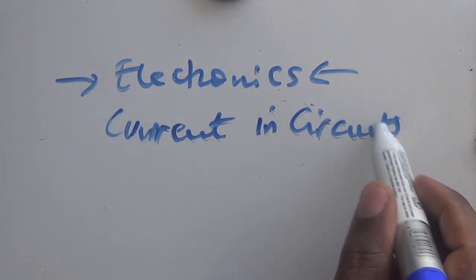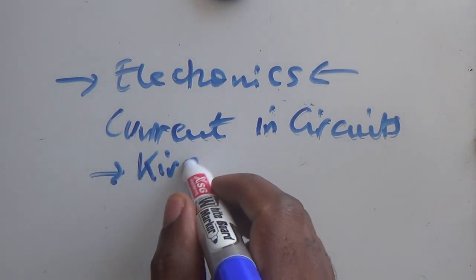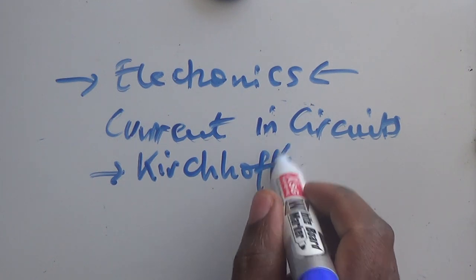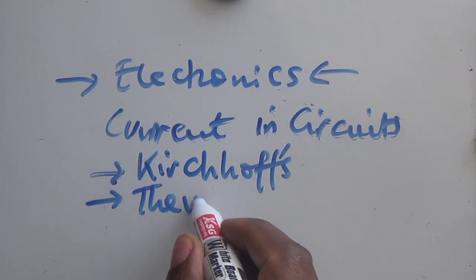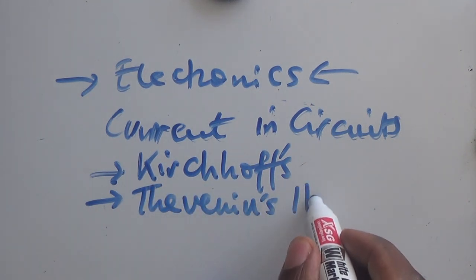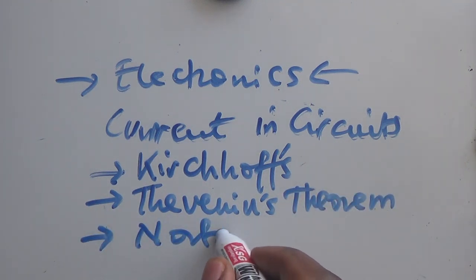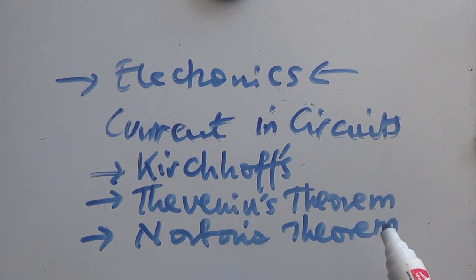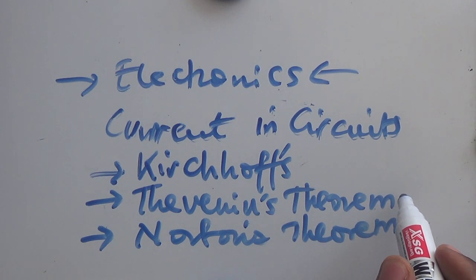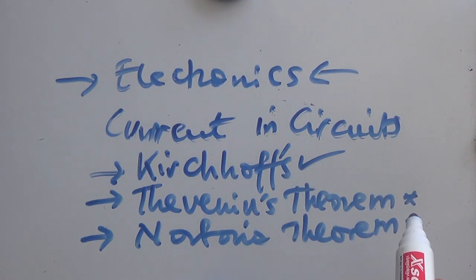and there are a couple of methods used, for example, using Kirchhoff's laws, using Thevenin's theorem, and Norton's theorem. So I will concentrate on these two because this one is a piece of cake to most people.